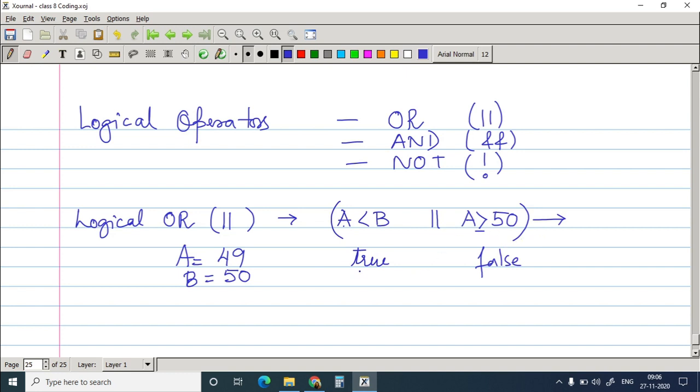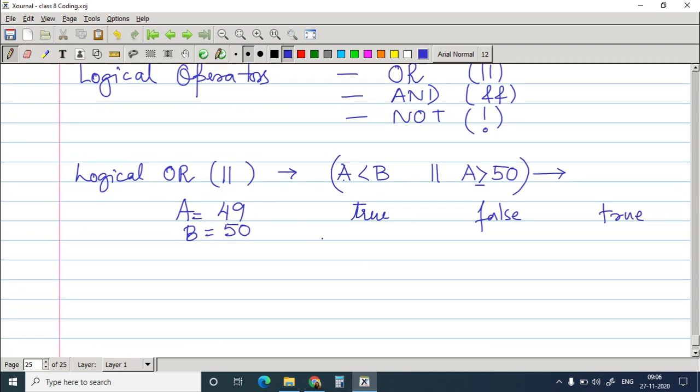If any one of them is true, then the final result will also be true. But if this is false and this is true, then also it should be true, because at least one of them must be true. If both are true, then also it will be true.